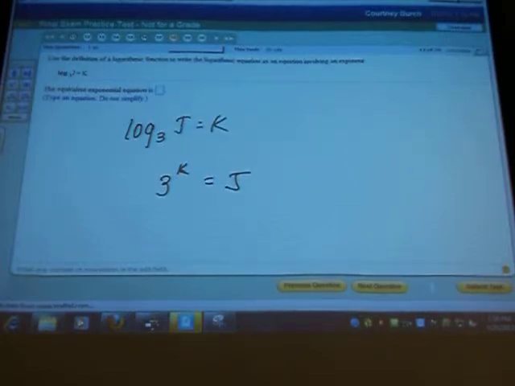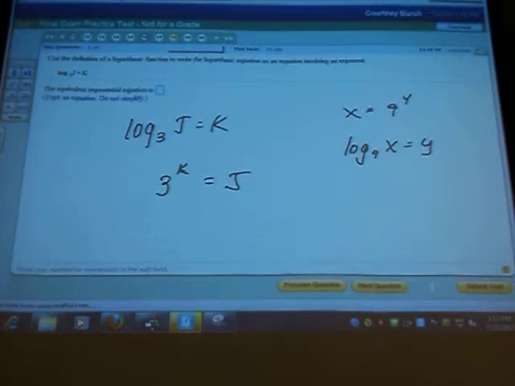What if it says x equals 9 to the y? X equals 9 to the y power. They're just letters, it doesn't matter. That would be log base 9 of x. You're going the other direction there. Because you start out with an exponential, you have to write it as a logarithm.